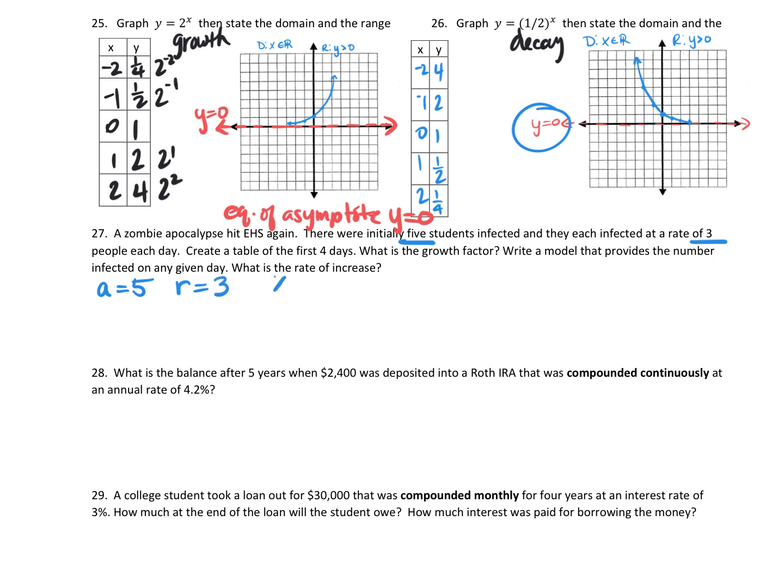So when I look in my table for 4 days, day 0 is 5. Each of these 5 people infect 3 more. So let's draw just one person infects 3. So for the initial person, there are 4 infected now. So that means my growth factor is 1 plus 3, which is 4.